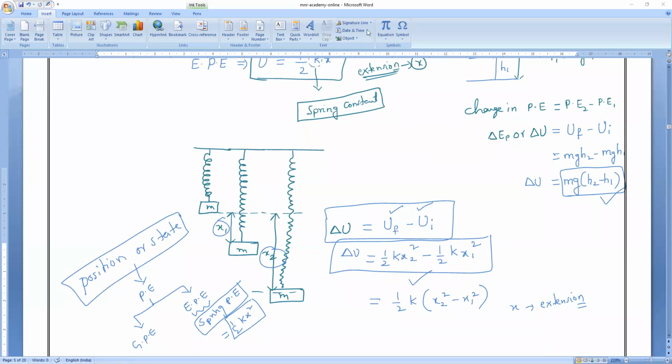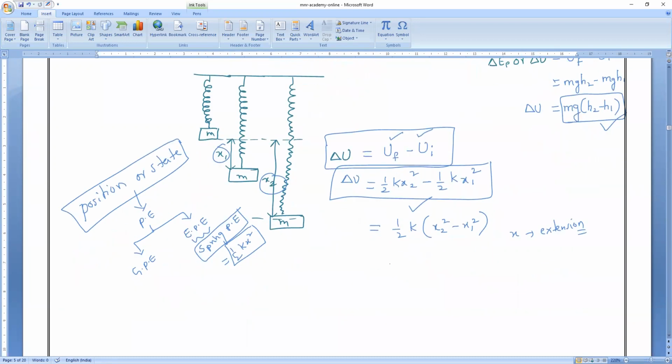This is the most important concept. You will experience it again when you are solving numericals and exercises, and you will find many things. For foundation as well as NEET and JEE, this is one of the most important concepts.